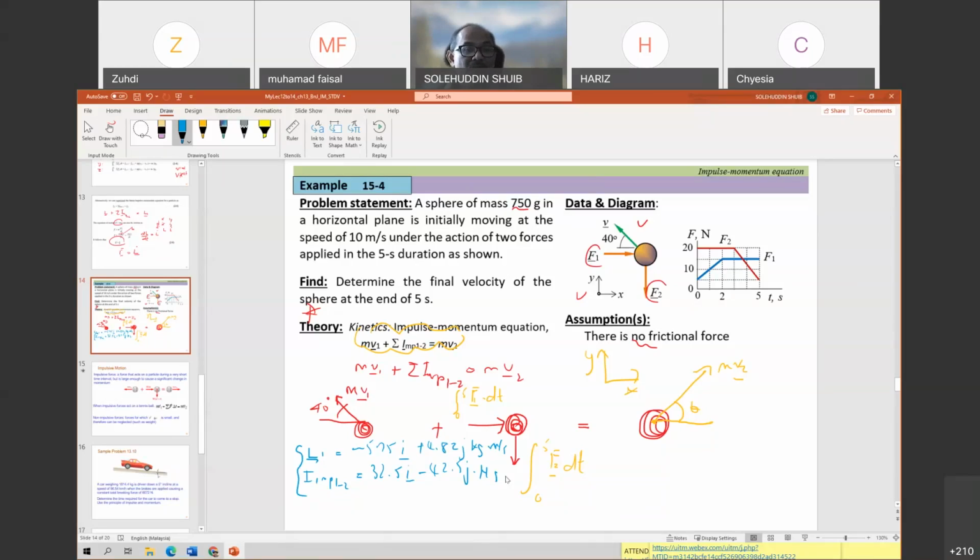Based on that, we want to put together the x component and the y component. For the x component, we take positive to the right. So you get minus 5.75 plus 32.5 equals 0.75 Vx2, based on this formula.